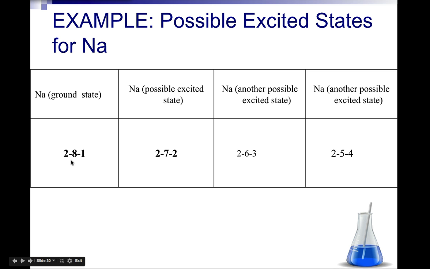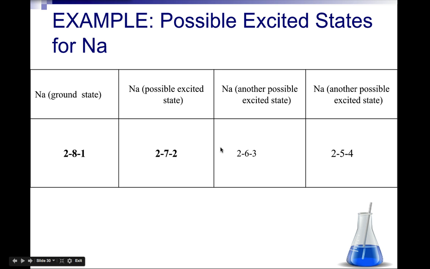For sodium to be in an excited state, these numbers will not be represented in this way. They will change slightly. Here we now have 2-7-2. Since this does not match identically to what is listed on your periodic table, the sodium is in an excited state.